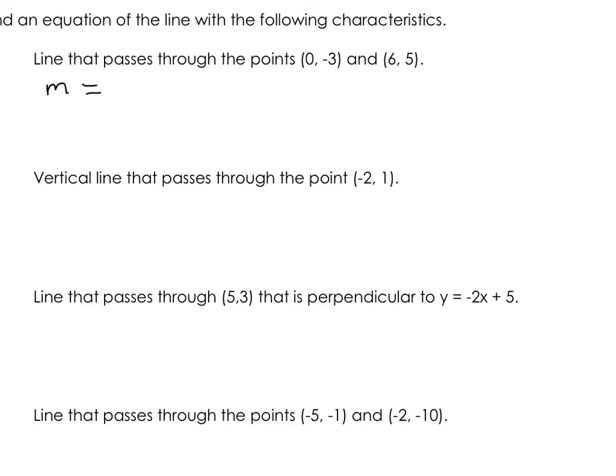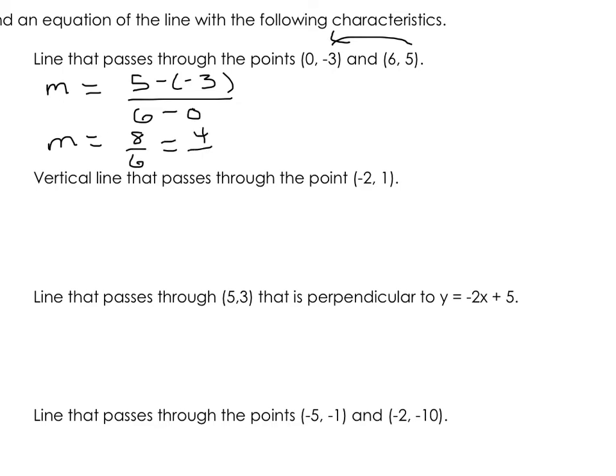Let's calculate the change in y, 5 minus the -3, over the change in x, 6 minus 0. Our slope is 8 over 6, 4 over 3.